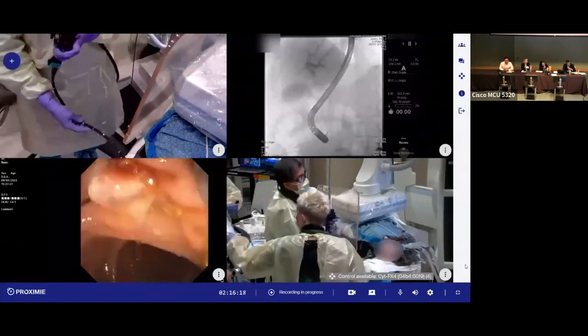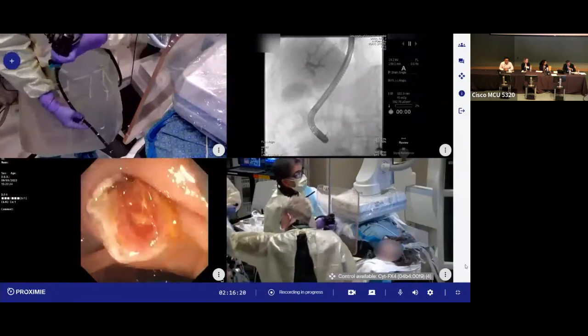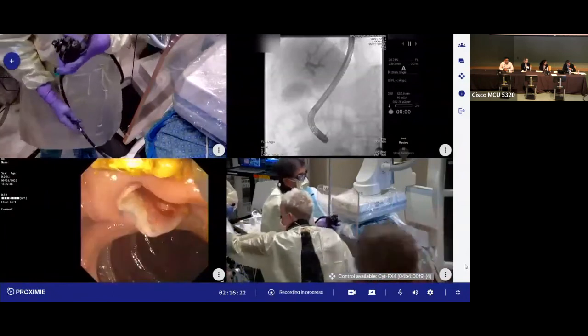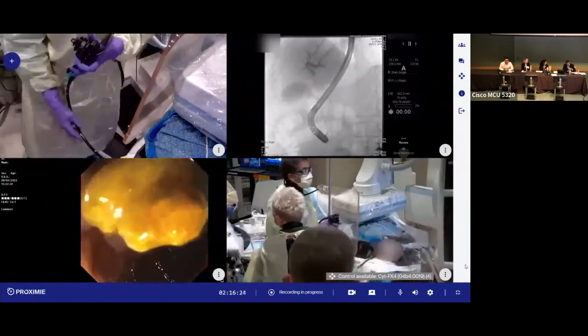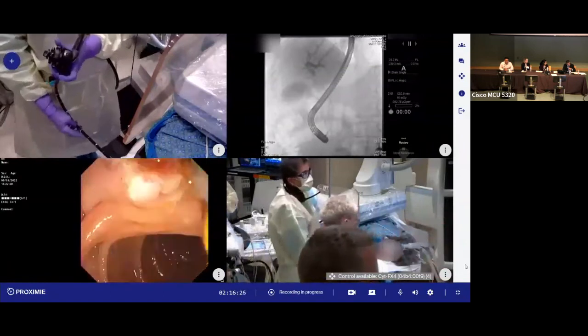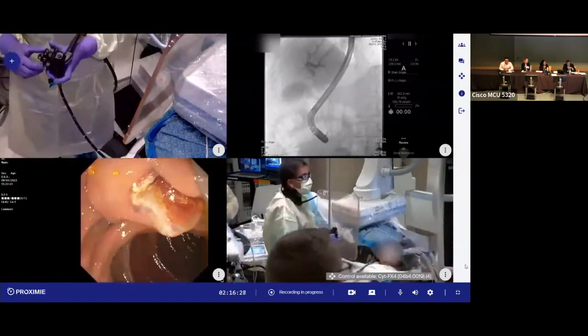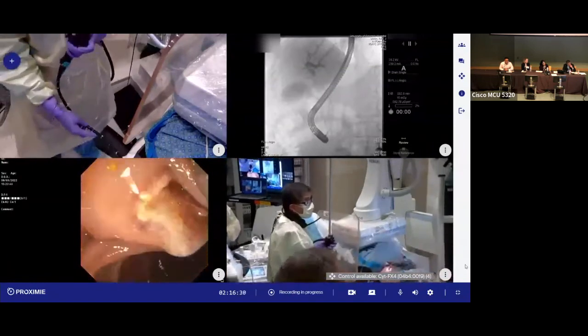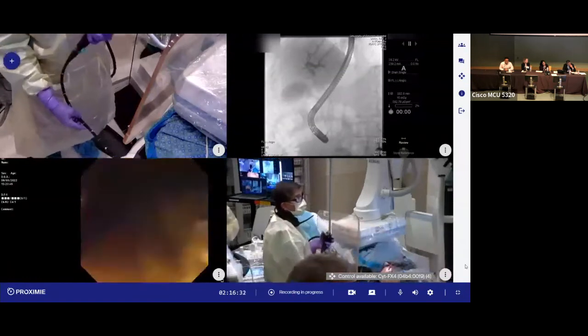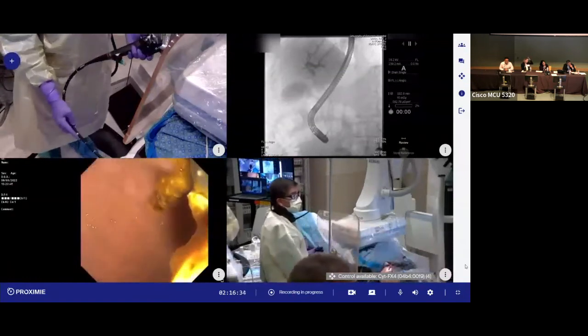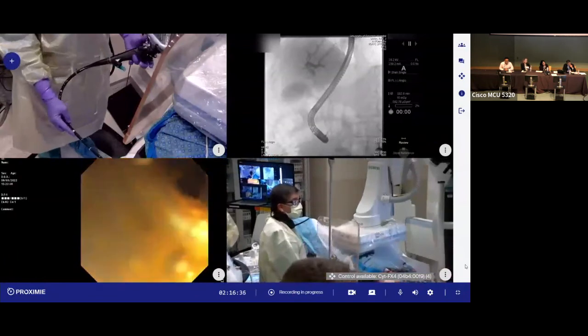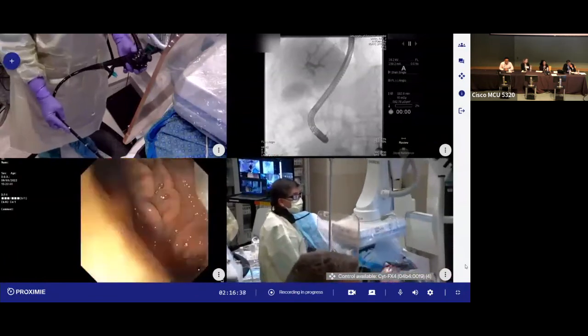We looked at our data here at the university over 11, 12 years, and we had a 99% stone clearance rate of extrahepatic duct stones. A third of the patients required some degree of cholangioscopy. Understand that this is a group of patients often referred to us for difficult stones, so we only looked at difficult stones.